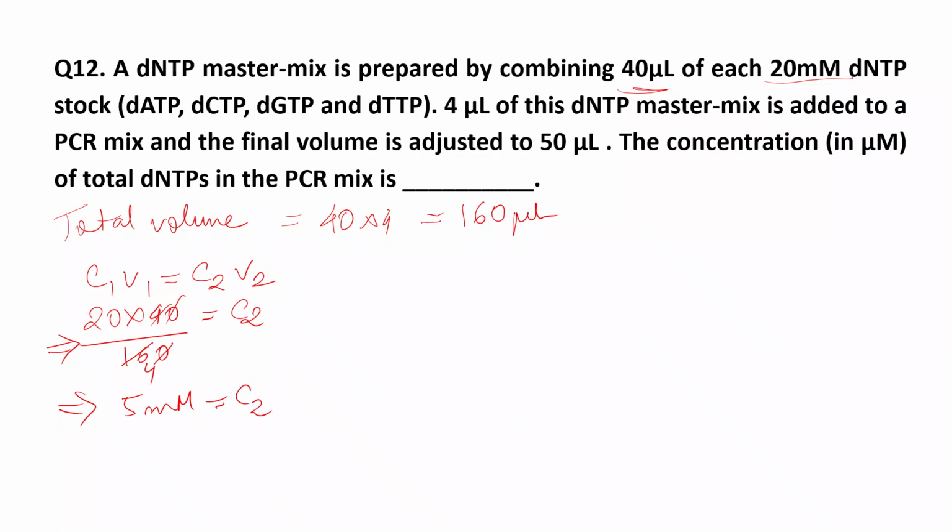When adding to the PCR mix, 4 microliter of the mix is added. So C1V1 equals C2V2 again. C1 here is 5 millimolar.